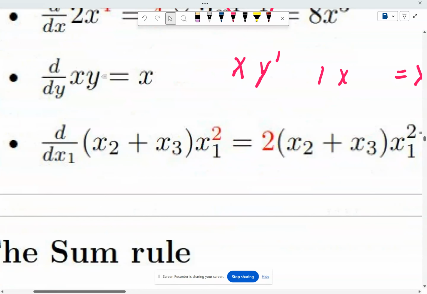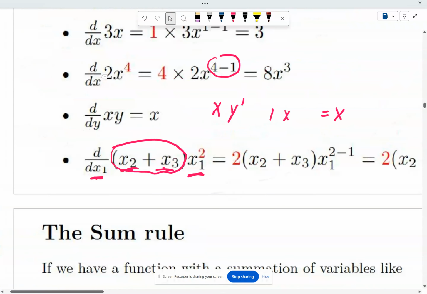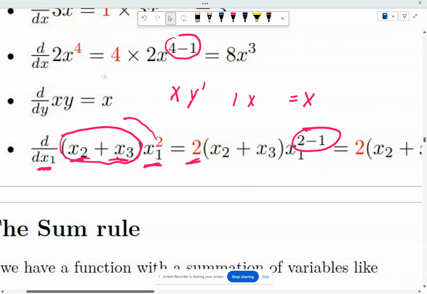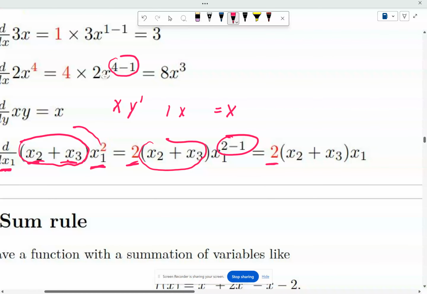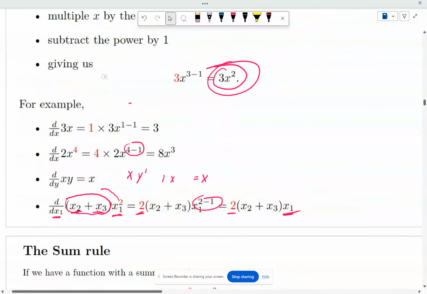Over here is x1. Therefore, x2, x3 are constants, right? Only x1 is the variable. So the rest is just treated as a constant. Now, we multiply the 2 down, so 2 right here, and then 2 minus 1. So 2 times this here, and then 2 minus 1 is just equal to 1. So here's x1. So these are the examples of the power rule.